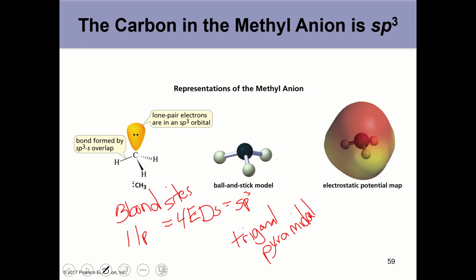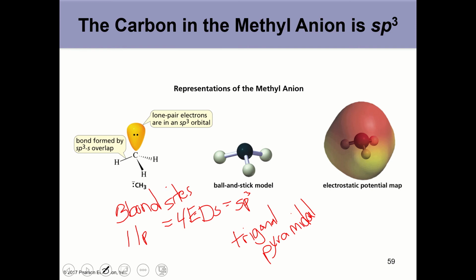If you have no lone pairs and only 1 bond site, that is a linear geometry. If you have 2 bond sites and no lone pairs, that is still linear geometry. If you have 3 bond sites and no lone pairs, that is trigonal planar geometry.